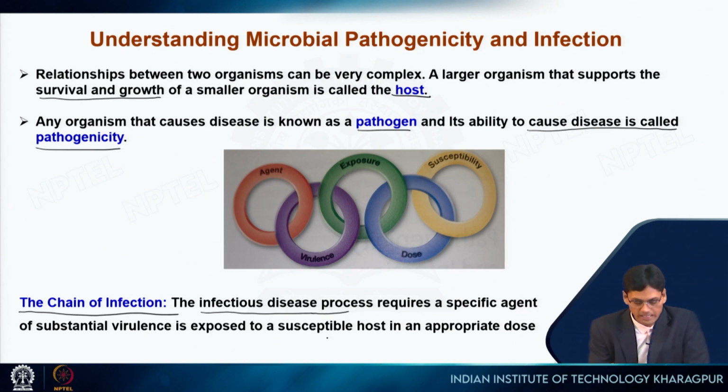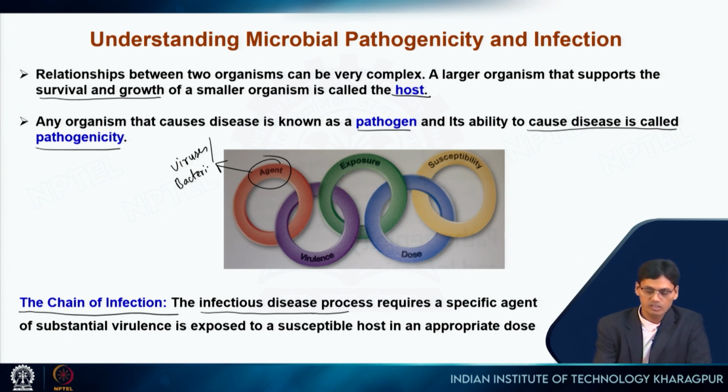As a result, if you see the chain of infection, the first one is the agent. What kind of agent is this? You can imagine it as a microbial agent, some pathogen, for example some viruses or bacteria. So this is the agent.